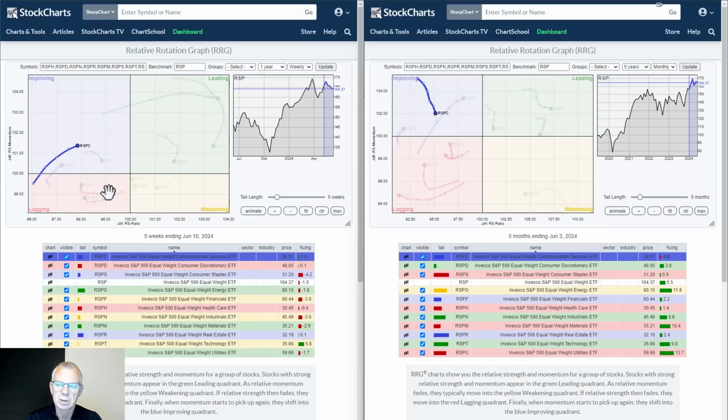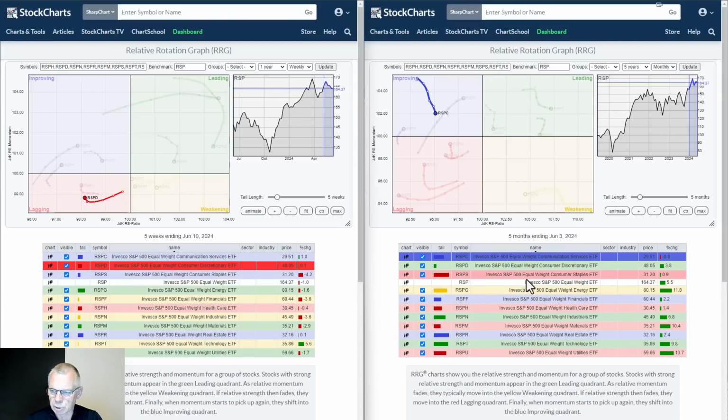Here for communication services, I have put that as a red one because it is rolling over, and it's going to be very, very hard for this weekly tail to push that monthly into the leading quadrant. So communication services, I'm going to put as an underperforming sector.